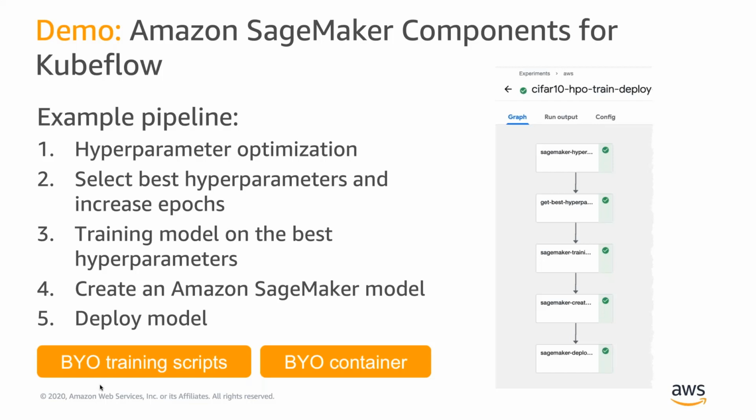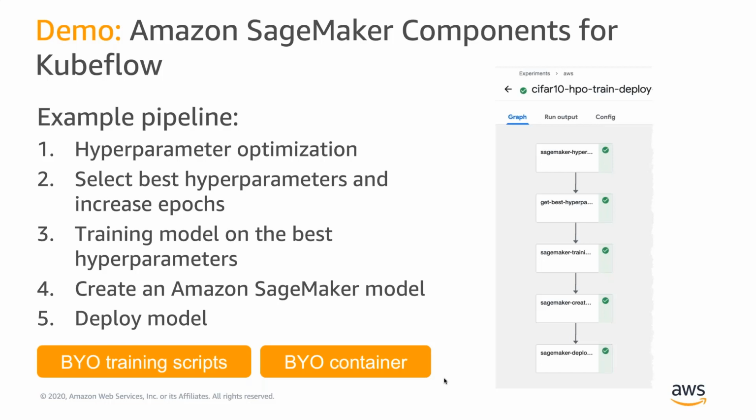So you don't have to deal with containers at all. But if you're used to building containers and you want to build your own custom containers, you can also BYO, bring your own container and push it to Amazon ECR, and then you can have SageMaker run training using that specific container.